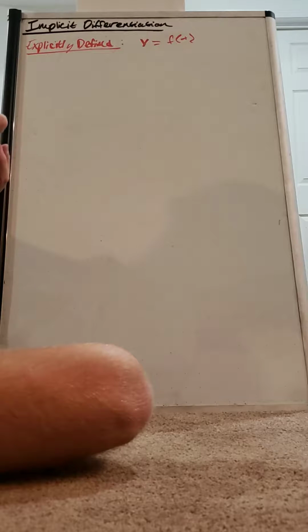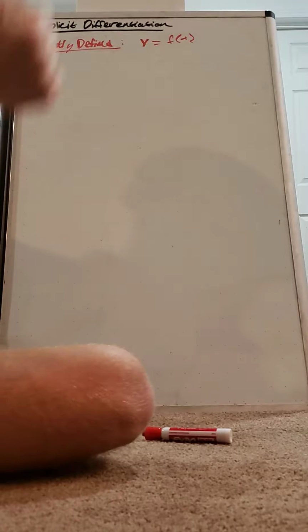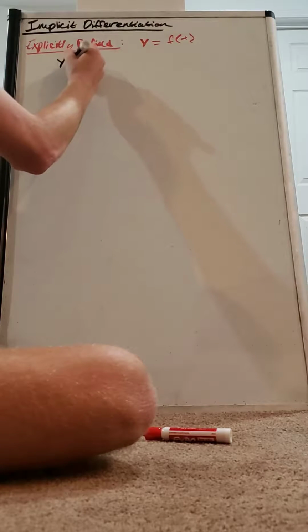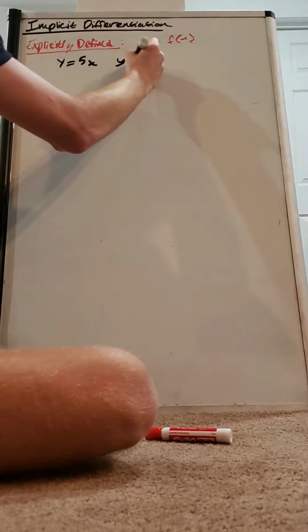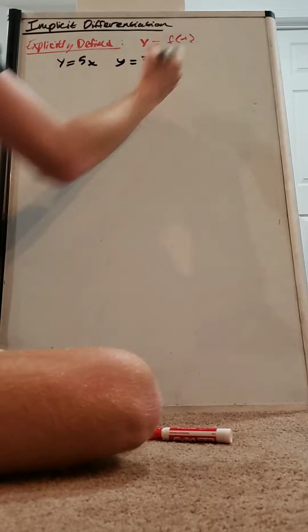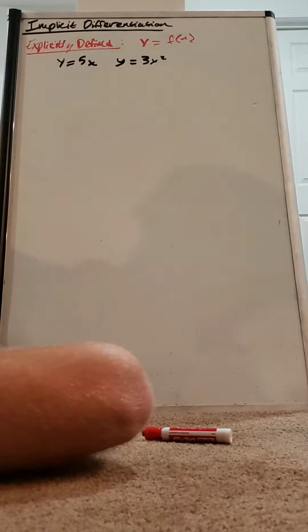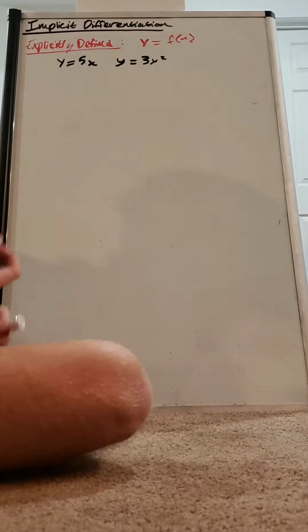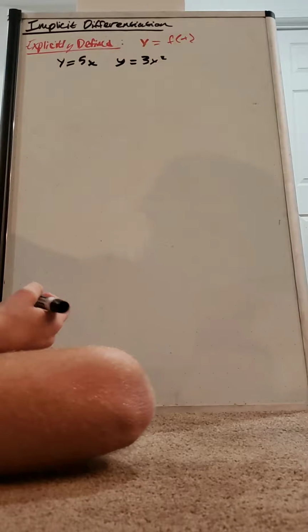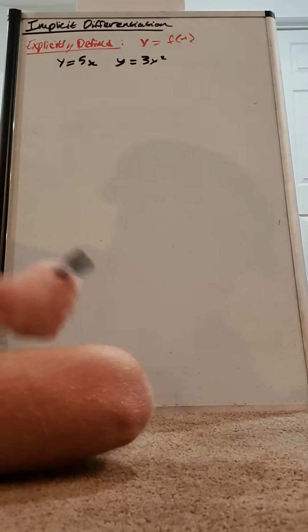So these are like your regular equations that you're used to seeing. Like y equals 5x, or y equals 3x squared, or anything like that. These are explicitly defined functions, and when we're differentiating these, we can use the rules that we learned last time.